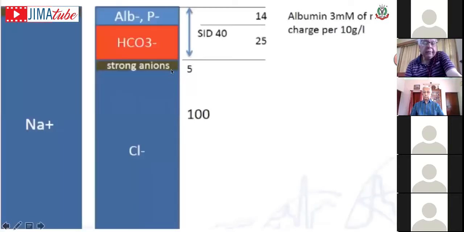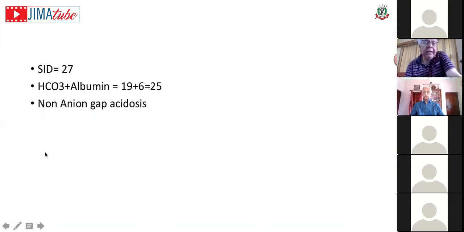That means even if I add the normal strong anions like sulfates and all that, this patient does not have any other anion in order to explain this 27. This 27 can be explained just by the patient's bicarb and albumin.